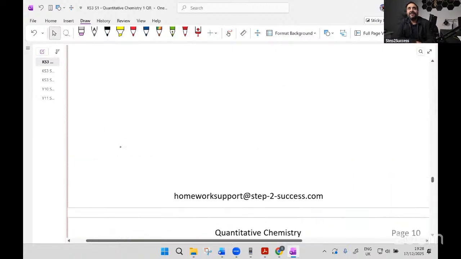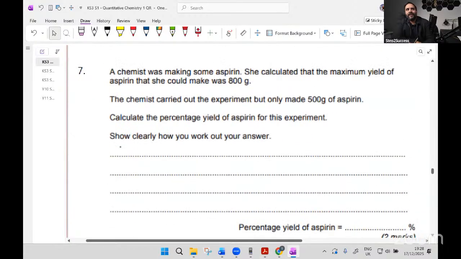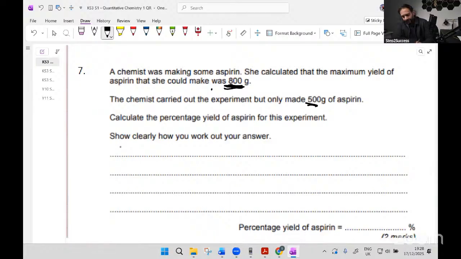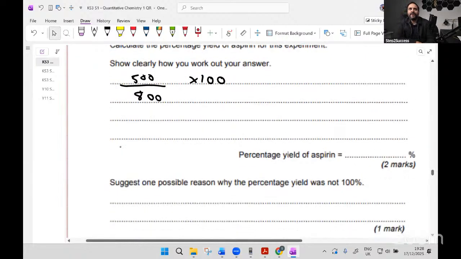And that is actually the same as what you do in question 7, part A. They expected to make 800, or that's the most they thought they would make. They actually only made 500. So you do 500 out of 800 and turn it into a percentage by timesing it by 100. That's what you do in those questions.